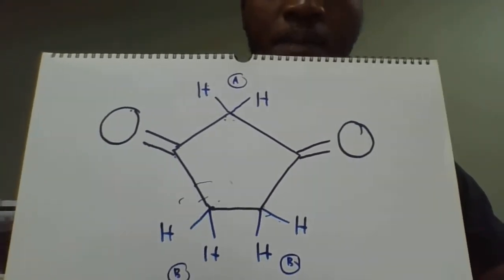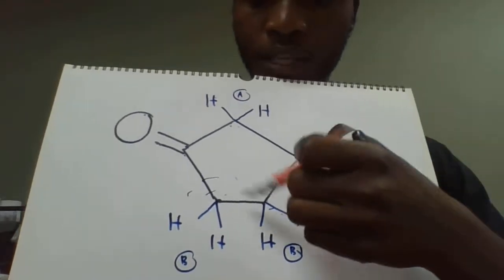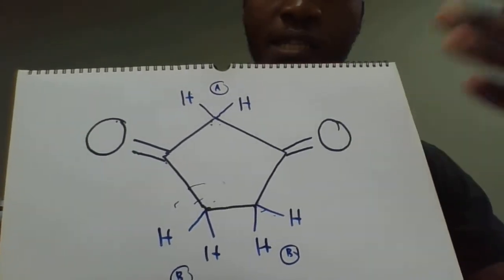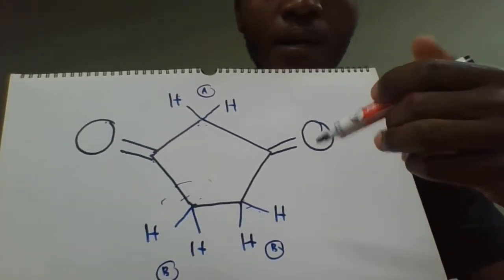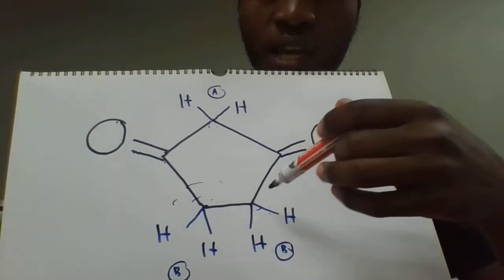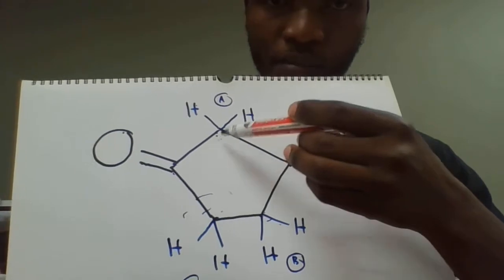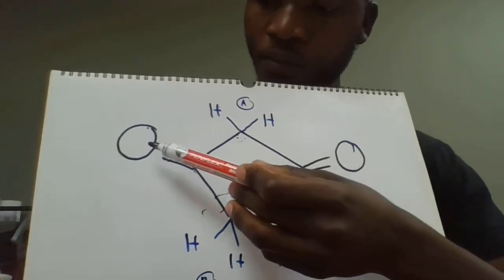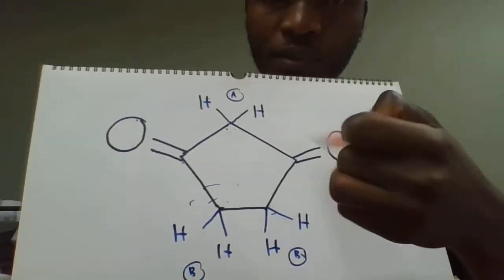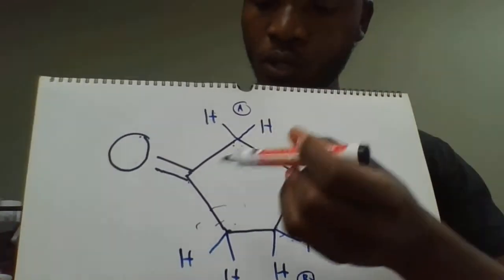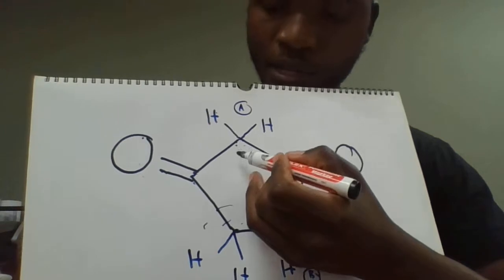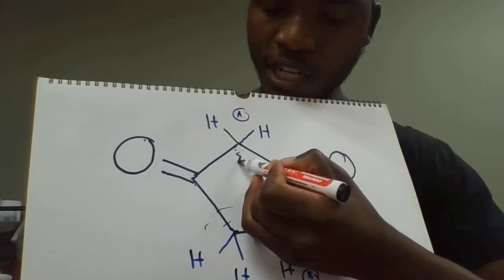These two carbons experience a similar effect, but that effect is very weak compared to this carbon, because this carbon experiences a double impact due to these two carbonyl groups. So this alpha carbon has a strong partial positive charge created here.